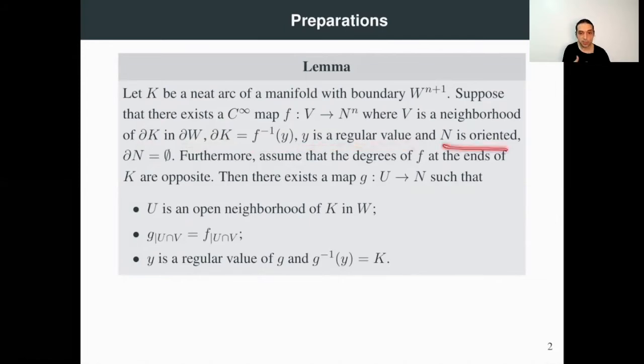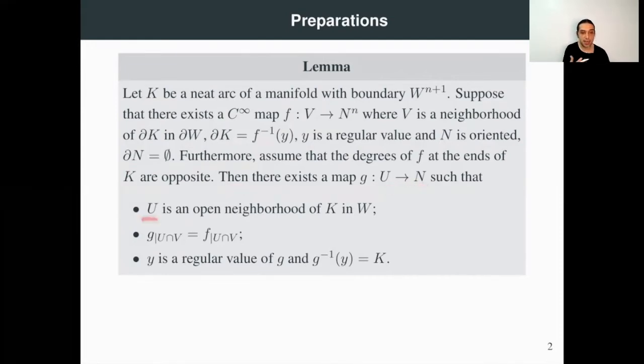We're going to consider that N is oriented and the boundary is empty. Furthermore, assume that the degrees of F at the ends of K, at these 2 points, are opposite. Then there exists a map G from U to N such that the following conditions hold.